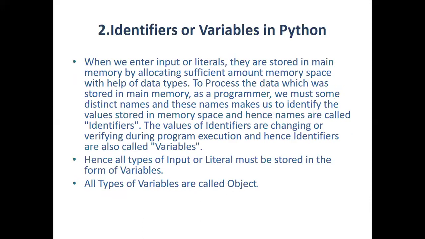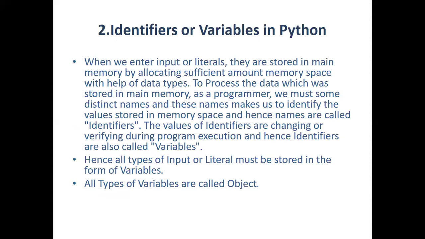Now, what are identifiers? Identifiers are also known as variables in Python. Whenever we make any input or write any literal, it is stored in the main memory of the computer by allocating a sufficient amount of memory space with the help of the data type.